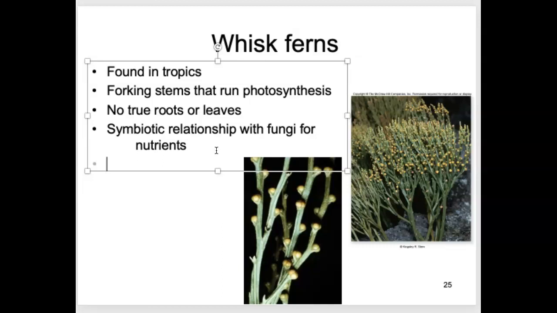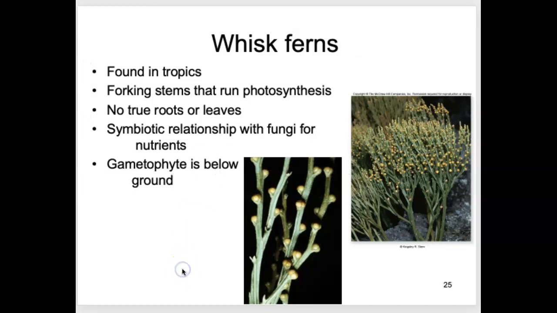The part of the plant you're seeing above ground is a sporophyte. The gametophyte will be located below ground during the time of the life cycle where the gametophyte is present. So it'll grow and develop underground, and then emerge up out of the soil, and then that's the sporophyte.